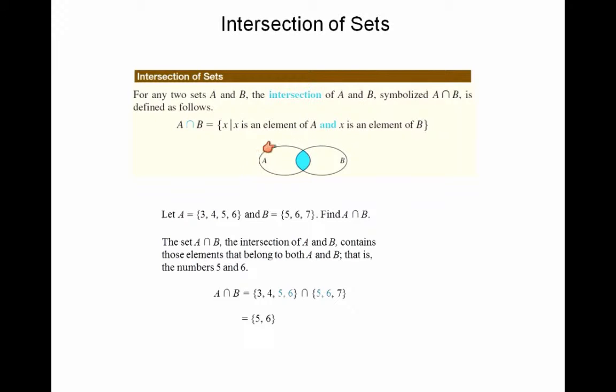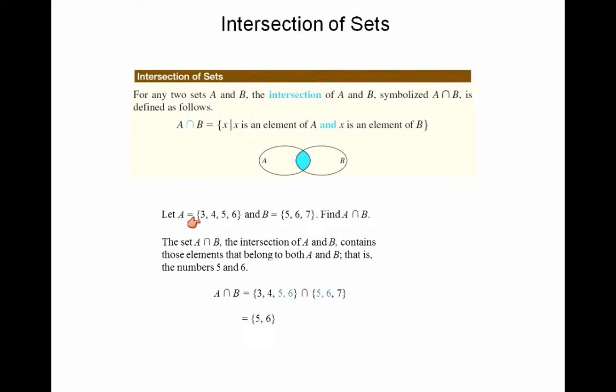For any two sets of numbers, like set A and set B, the intersection of these two sets, for which we use this symbol here, is defined as and. So if you want to find the intersection of two sets, you're going to say and. In other words, what do you have in common between two sets?